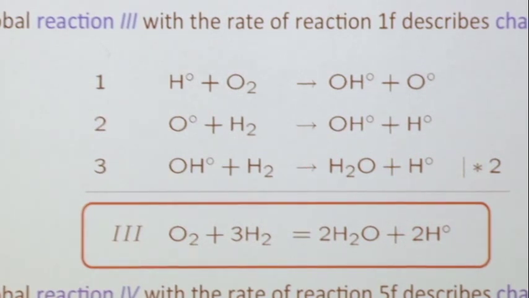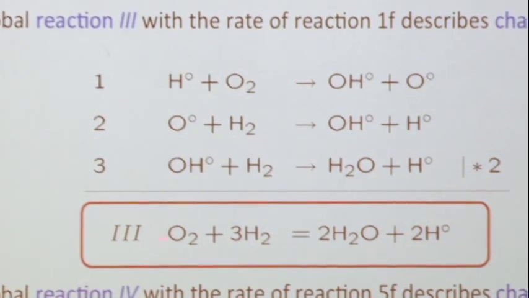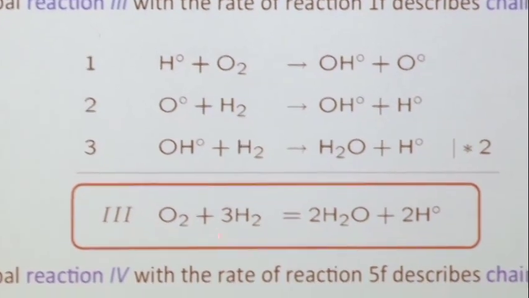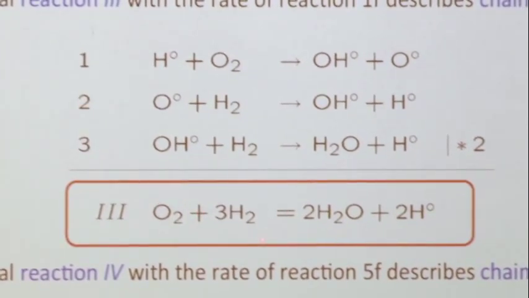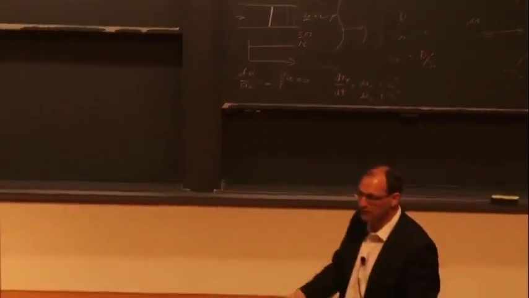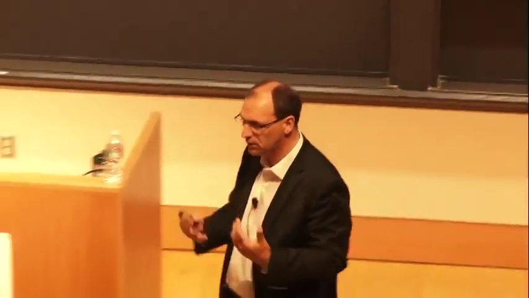So if we add all these up, then we have this global reaction step O2 plus 3H2 go to 2H2O plus 2H.